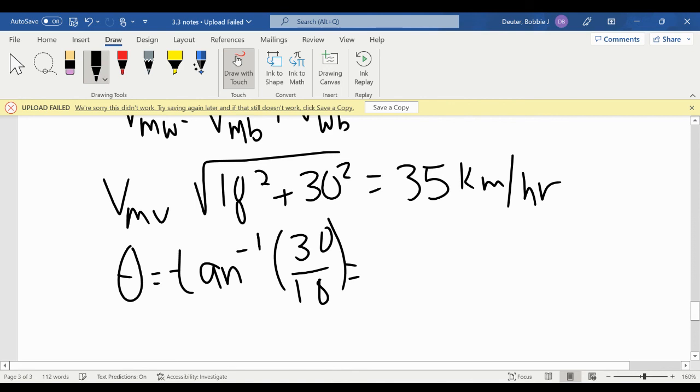And when we put this in, we are going to get 59 degrees. And that's away from the oncoming current. So we're moving in a separate direction than the oncoming current because we're coming at that angle and it's pushing us across the water. And so the water is moving in this direction. We're moving in this direction. And the boat looks like it's moving like this across the water because of that.